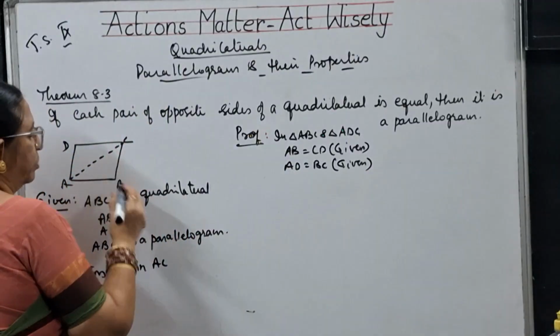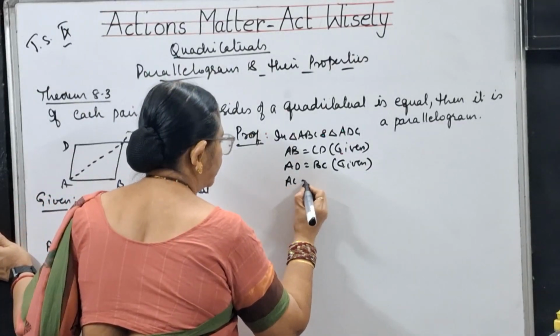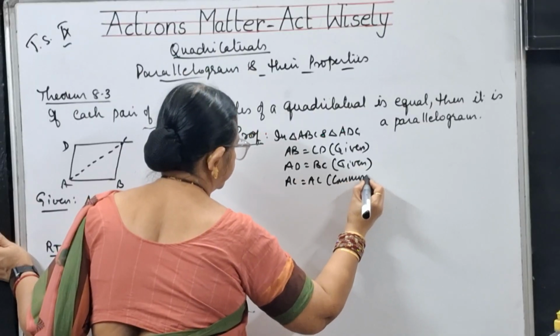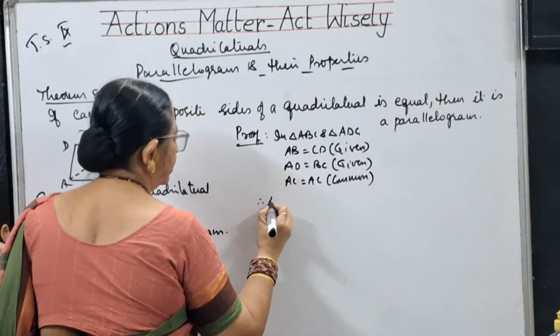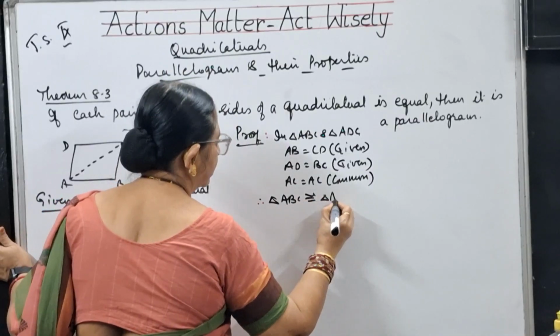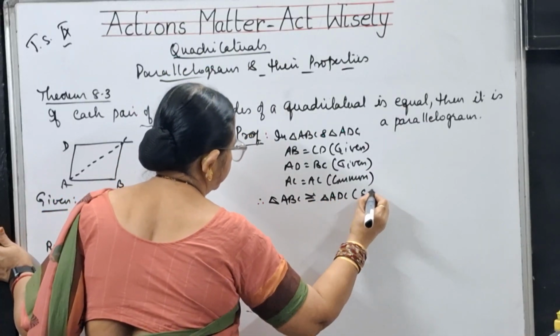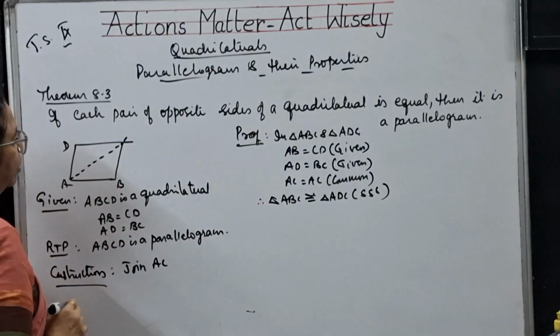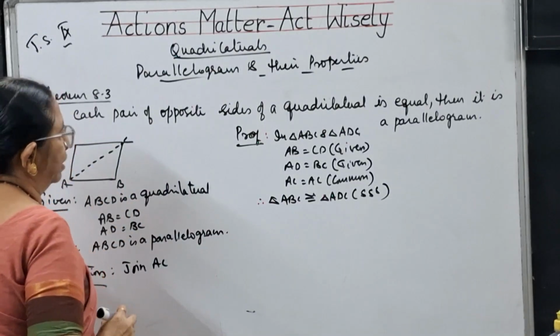And apart from this, AC is equal to AC, common. Therefore, triangle ABC is congruent to triangle ADC based on the side property. All the three sides are equal, so based on that, they are congruent.